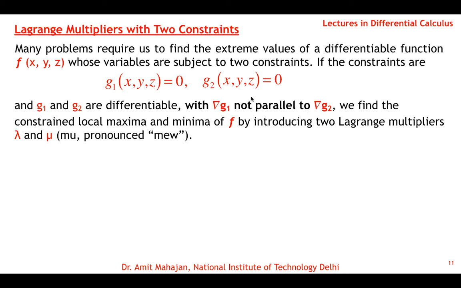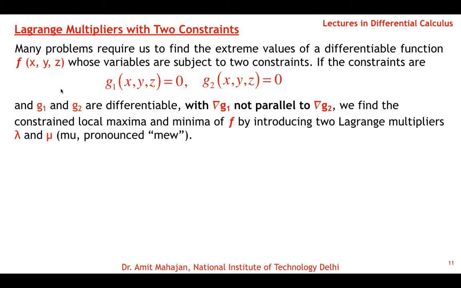If the gradients are parallel, then one can be written as a multiple of the other, that means del g1 can be written as a constant times del g2. So instead of a plane we will only get a line.